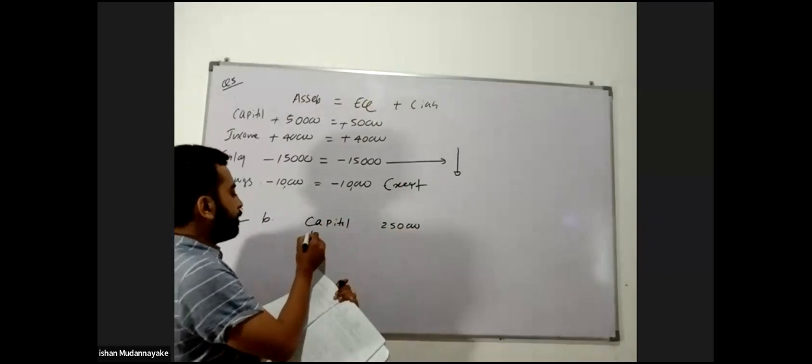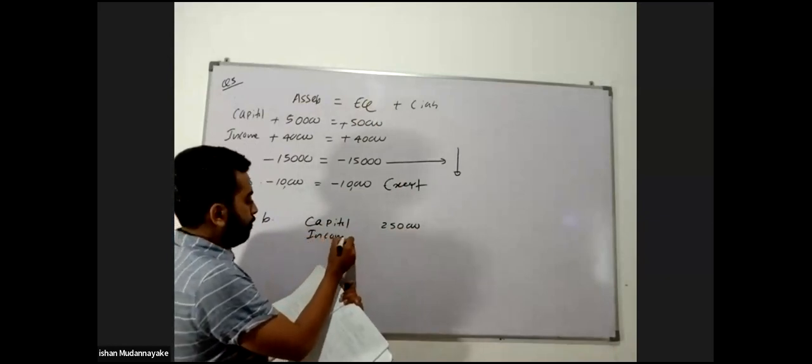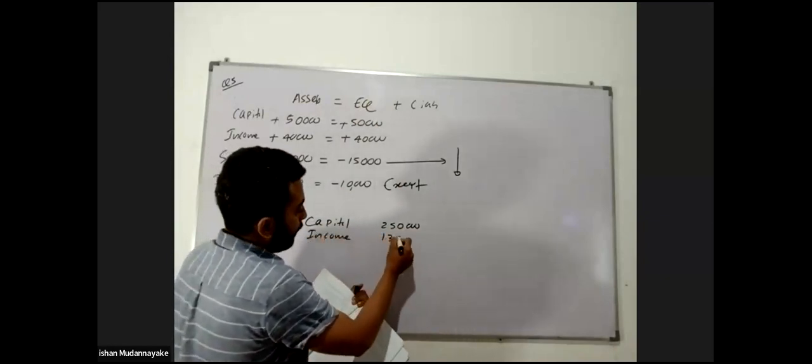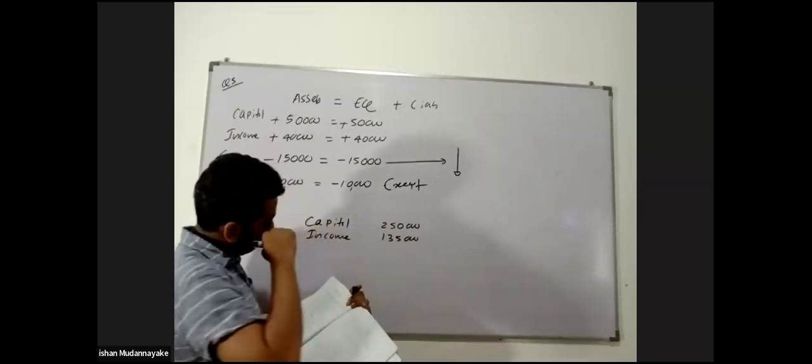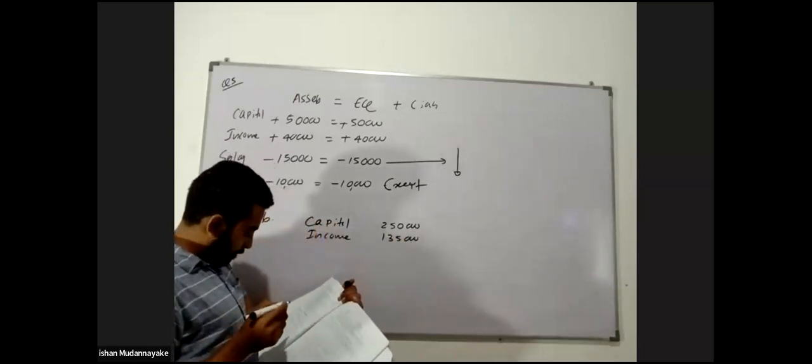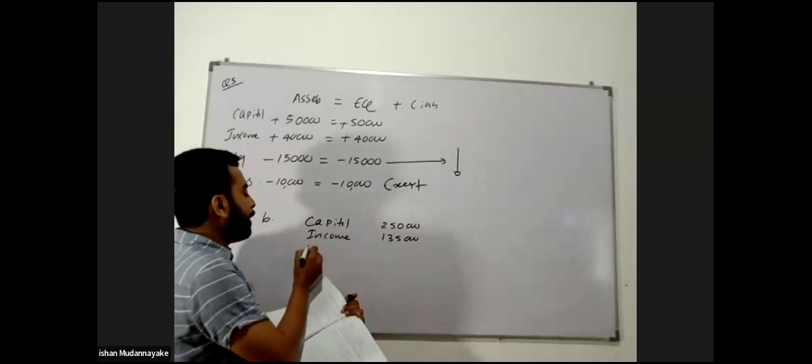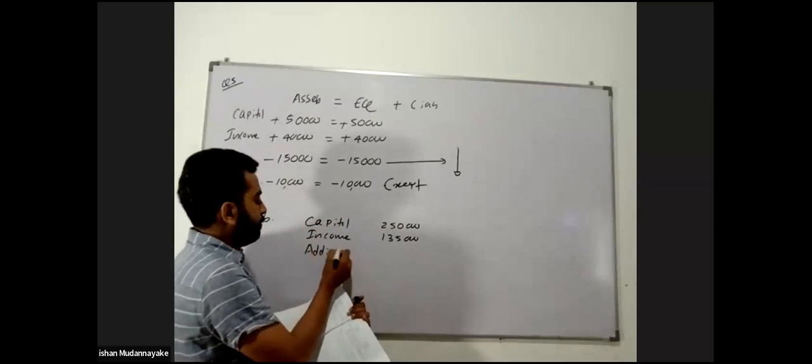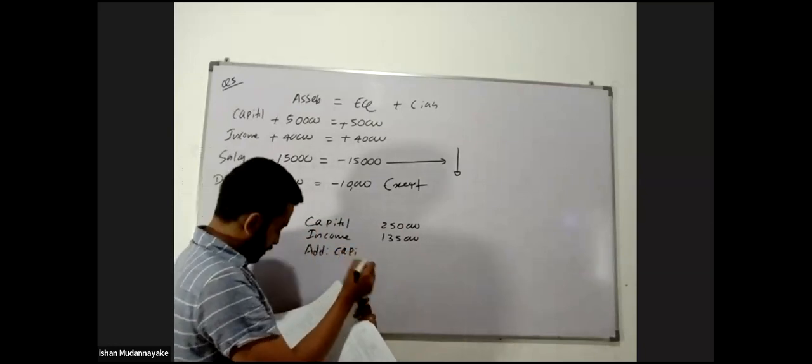Income for the year 135,000. And then additional capital 75,000. Then here.